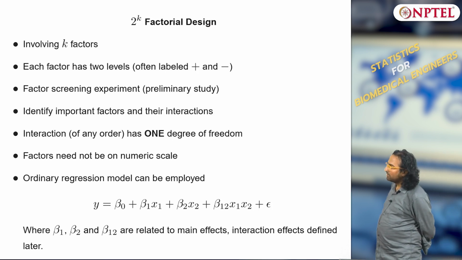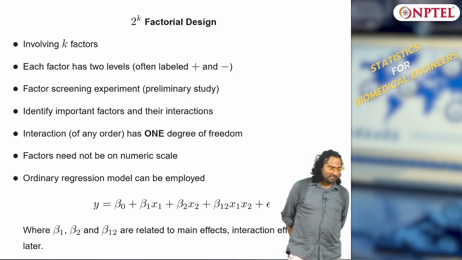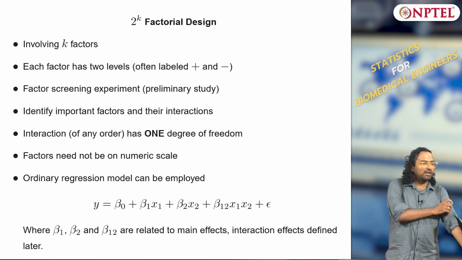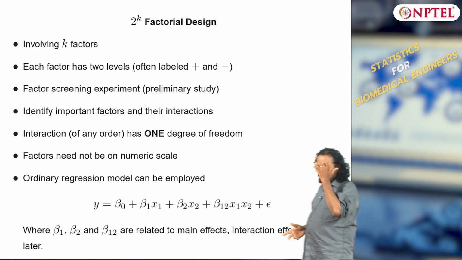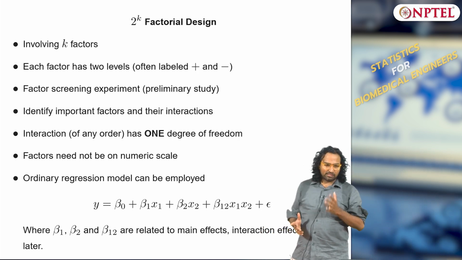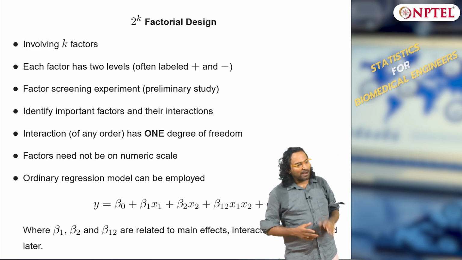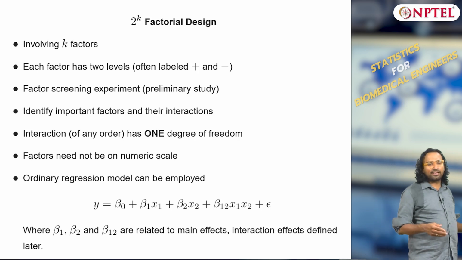So very little degrees of freedom for interactions, and factors need not even be on a numerical scale. It could be a 0 or on, like a logical plus or minus; you need not have multiple levels. Either it is on or off, that factor is involved or not involved.